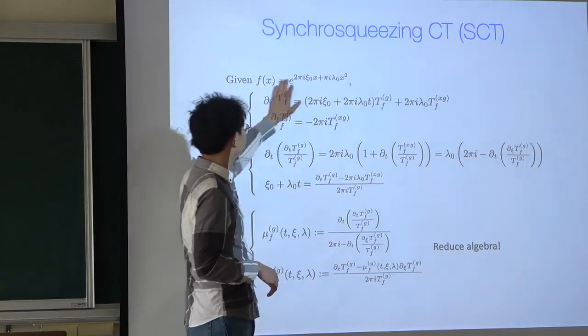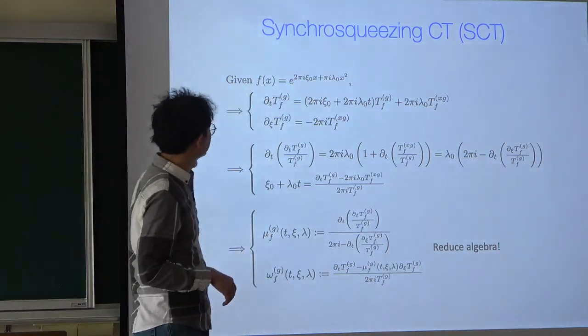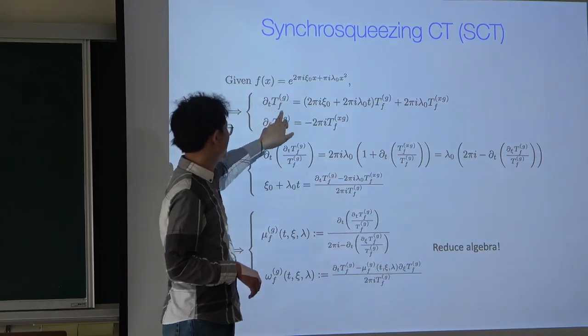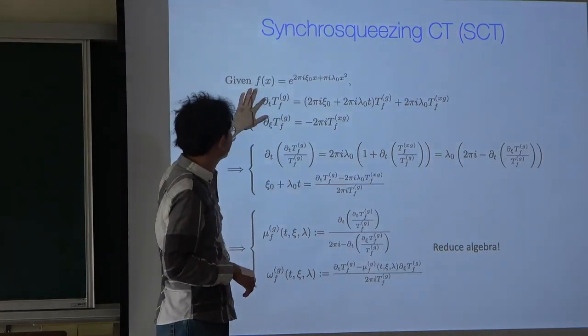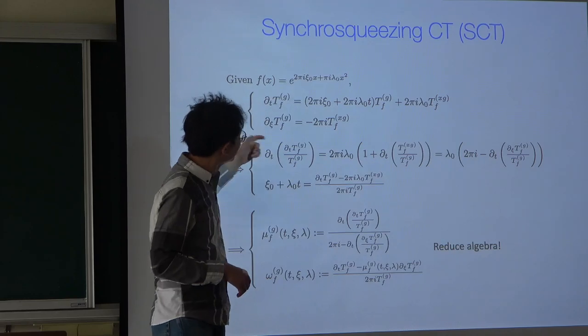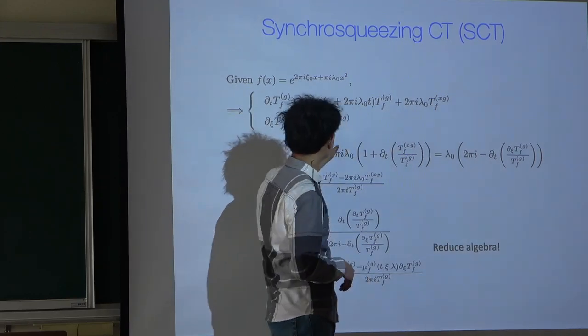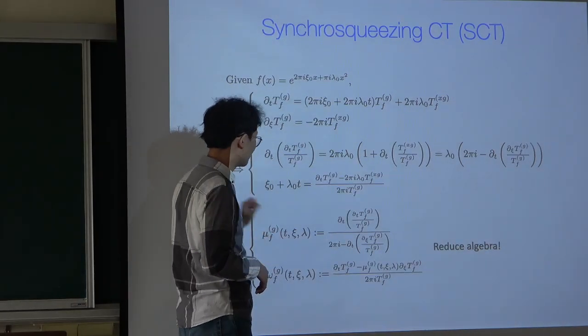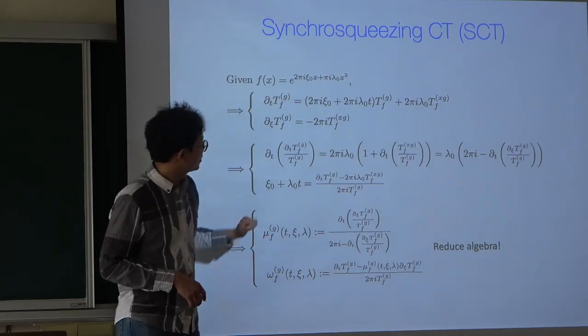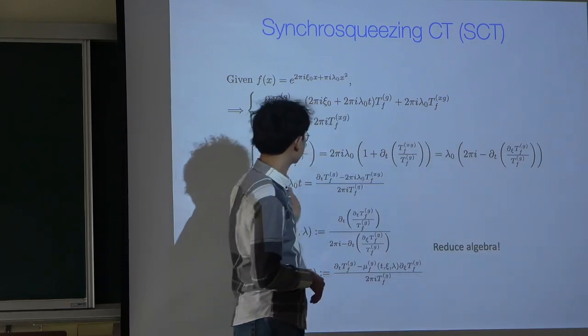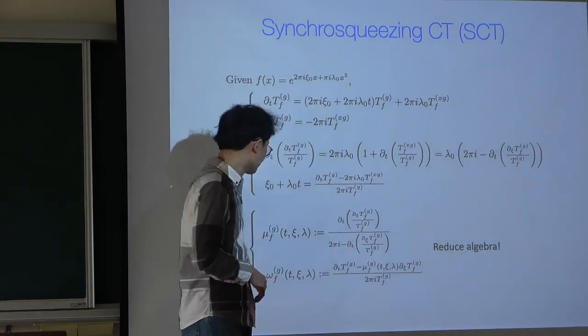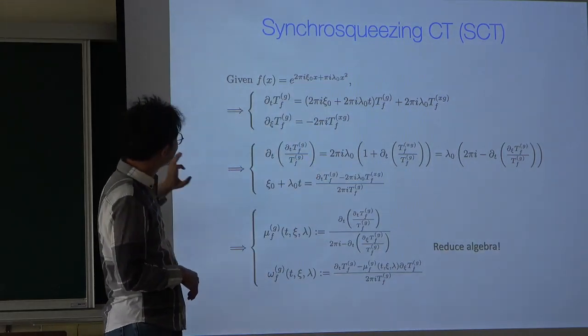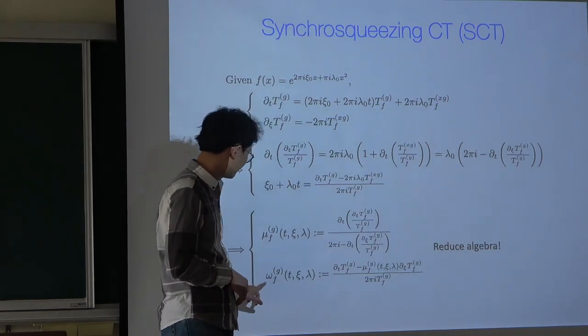You take a chirp, a very good chirp, and you evaluate its Chirplet transform, and you evaluate its partial t, partial c, then you will see some kind of nasty formula, and then you can continue and do a lot. I will not go into details because all these are just algebraic calculations. Then at the end, you will get some quantities called mu f and omega f.